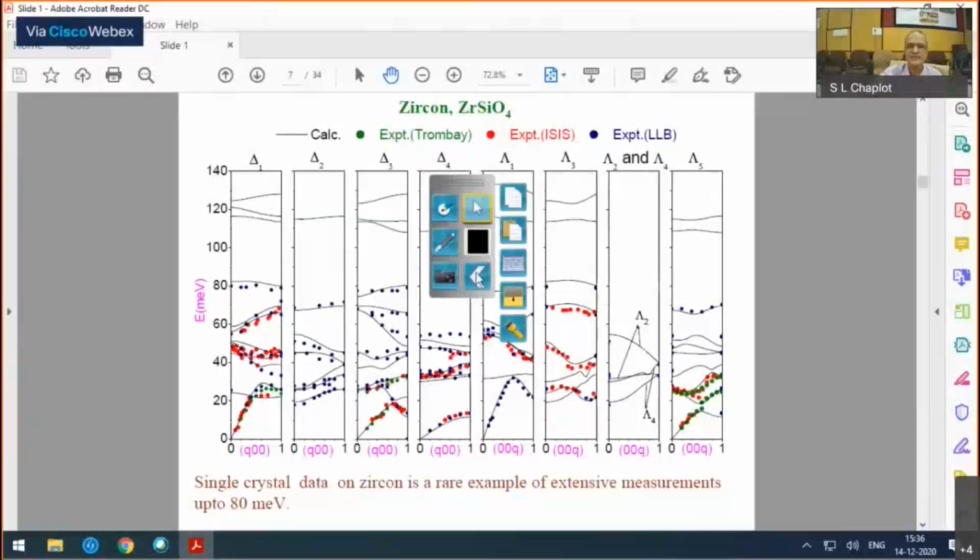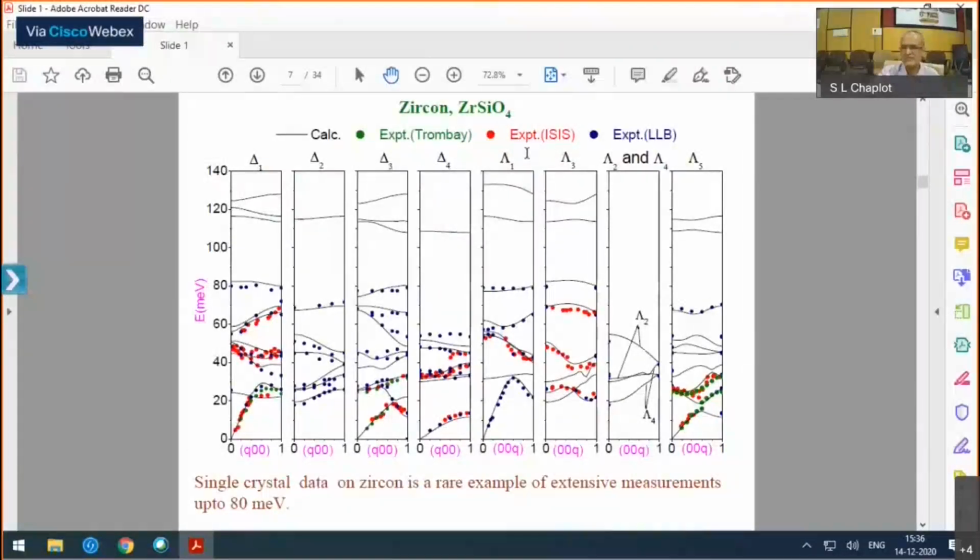So for example, in this case of zirconium silicate, it's not an extremely complex structure, but all the phonons that exist in the directions Q100 can be classified in terms of 4 different group theoretical irreducible representations, and they can be measured in a way quite separate to each other.